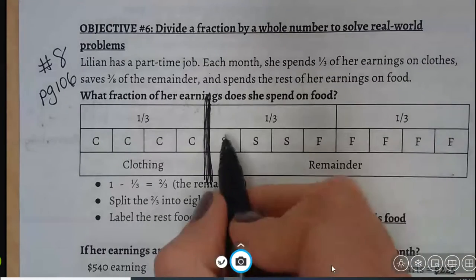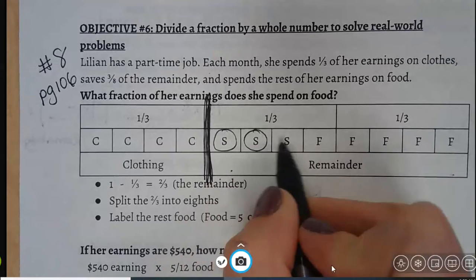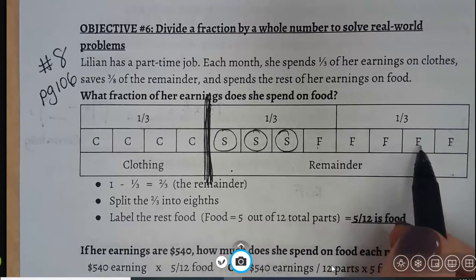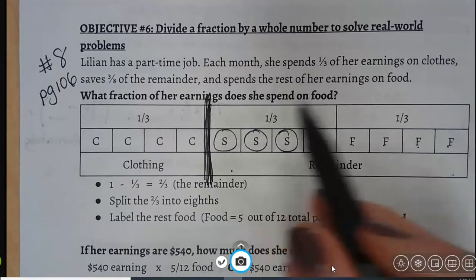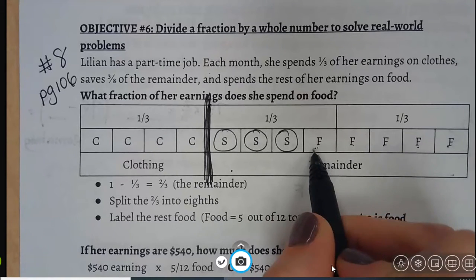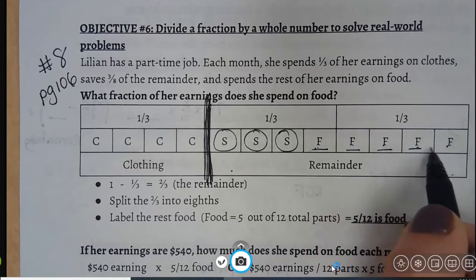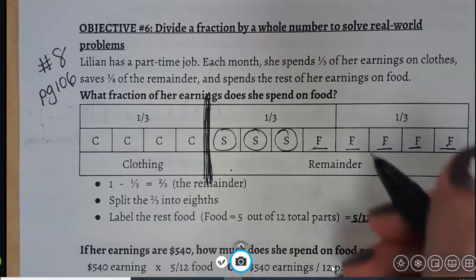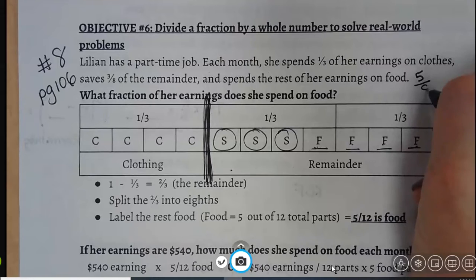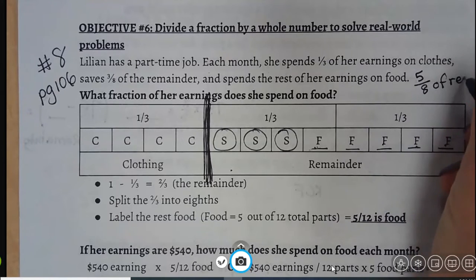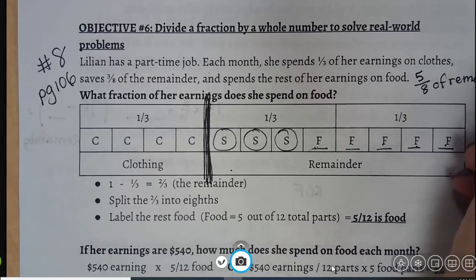So 1, 2, 3 out of the 4, 5, 6, 7, 8 parts, and spends the rest on food. So this would be the rest of the remainder. So that would be 1, 2, 3, 4, 5/8 of the rest on food. So it's not 5/8 of her whole, but it's 5/8 of the remainder.